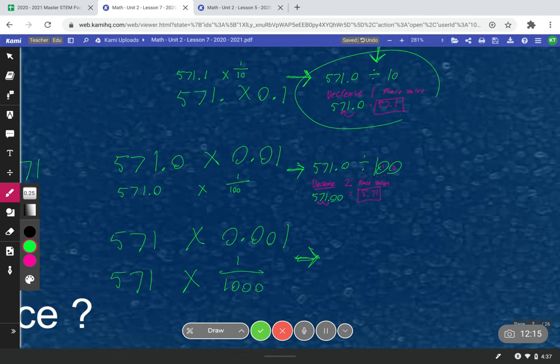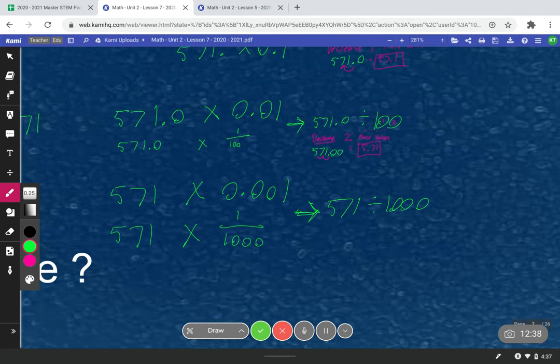We see that we did divided by 10 because we took the denominator and did the opposite operation. We did divided by 100 because we did the opposite operation and took the denominator. What would that be for this problem? Yep, 571 divided by 1,000.